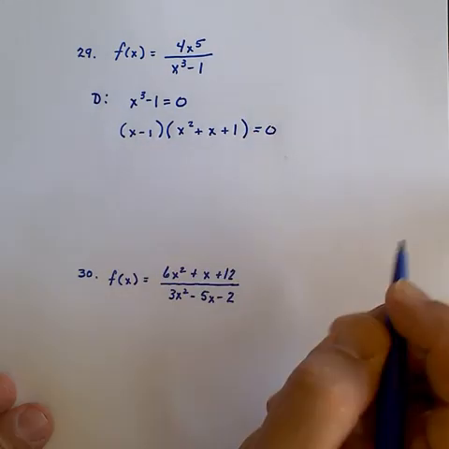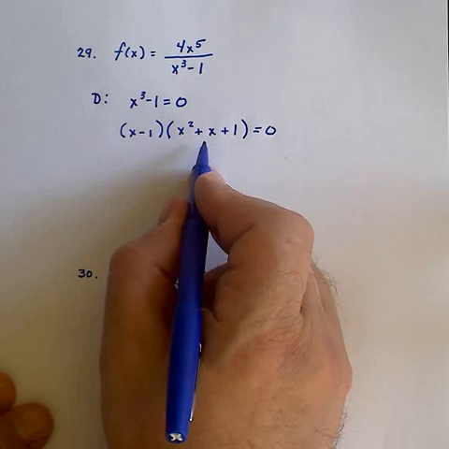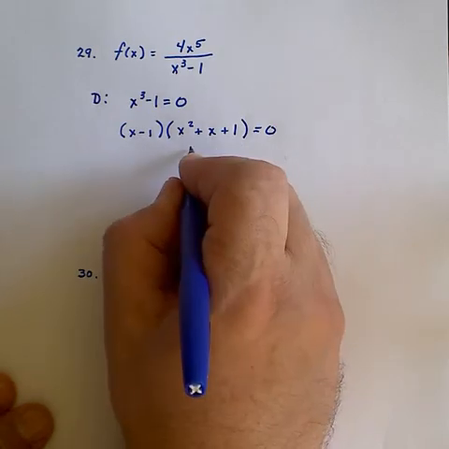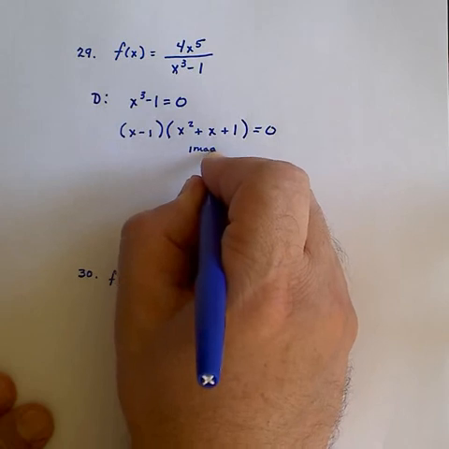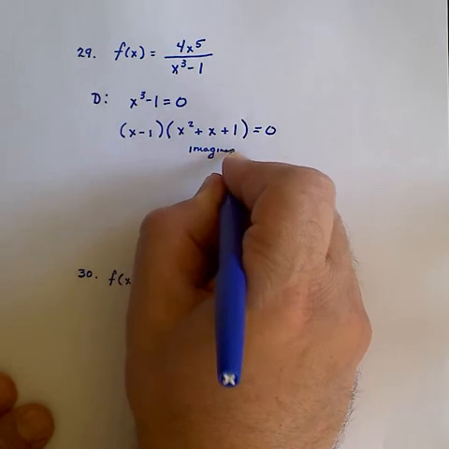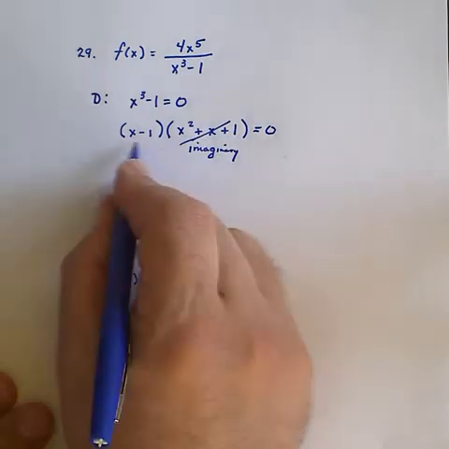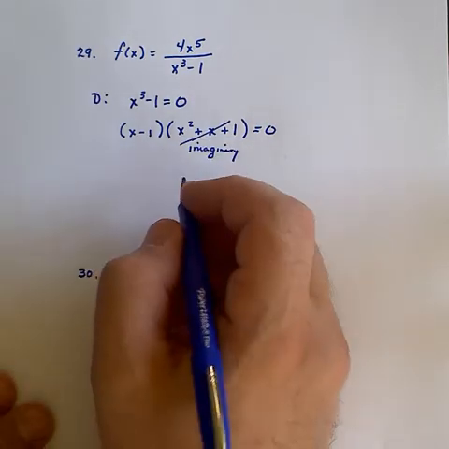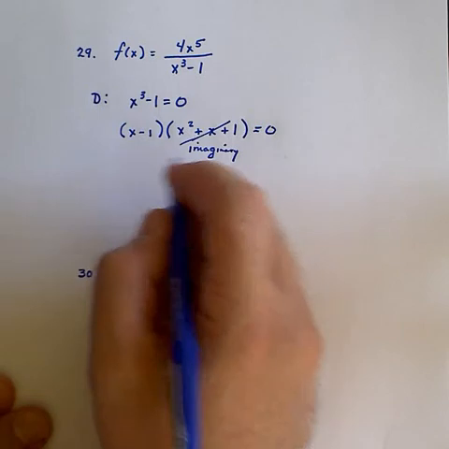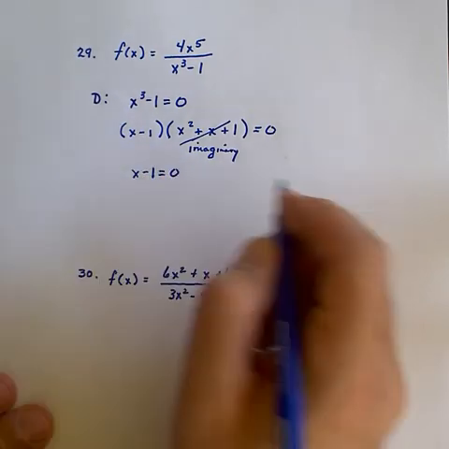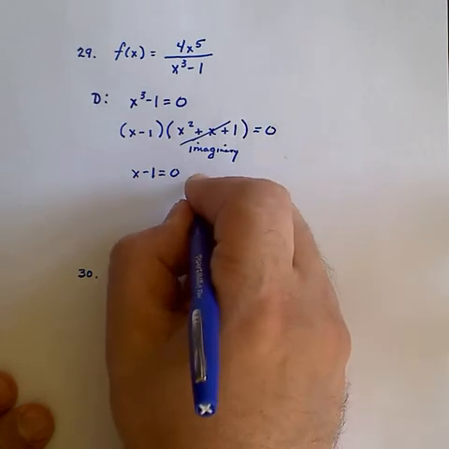Now, if you plug it in the quadratic formula, this only yields imaginary solutions. So I don't need to mess with that. But what this tells me is that when you set x minus 1 equal to 0, you get x equals 1.